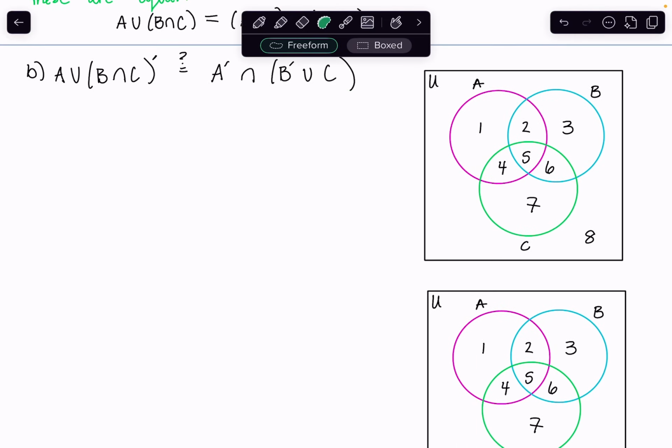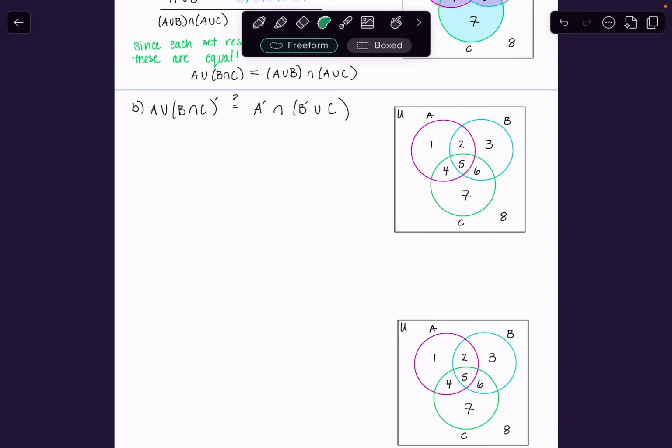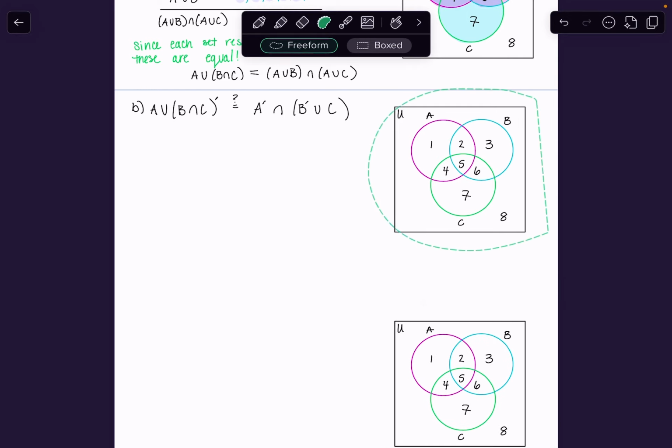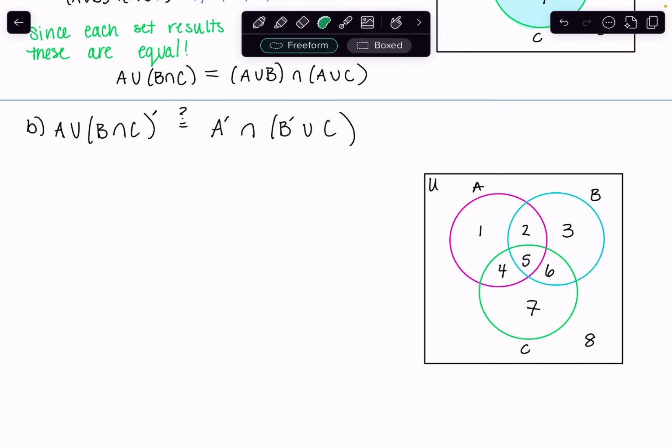Okay. So again, let me get prepped up for this. Give myself some space. Okay. And so let's start with our first set. So I'm going to find what is A union B intersect C complement. So this one's a lot messier, a lot more going on.